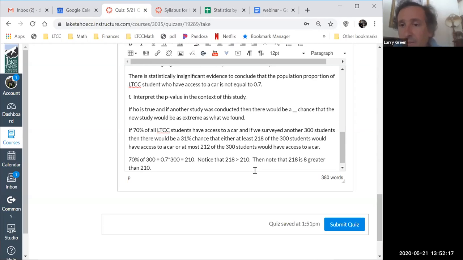Is that clear? Okay, so then if the high side is 8 greater, the low side is 8 less. Then the low side will be 210.